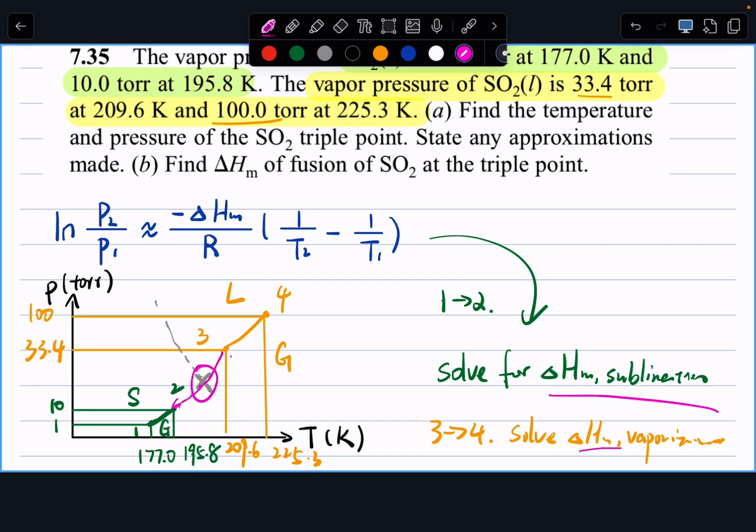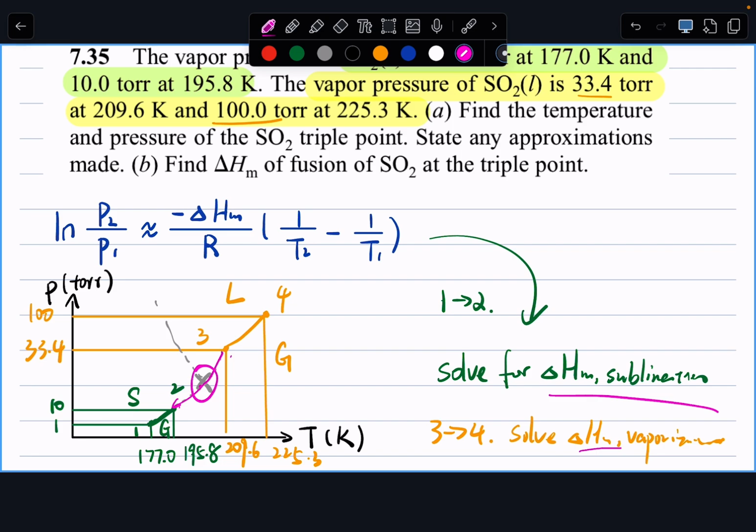Step 1, we're solving for delta HM of sublimation and vaporization. We're focusing on points 1 to 2.